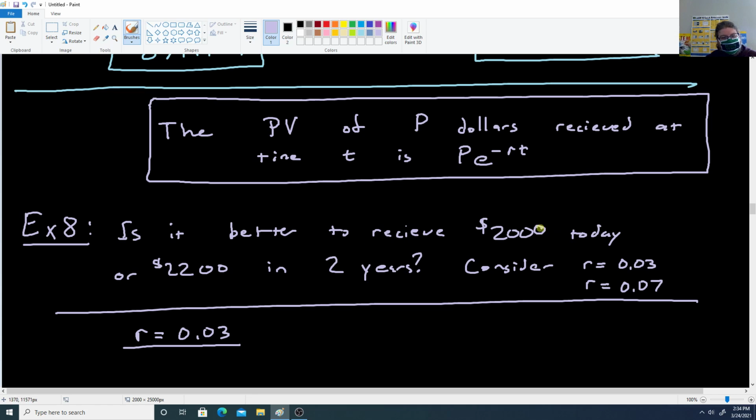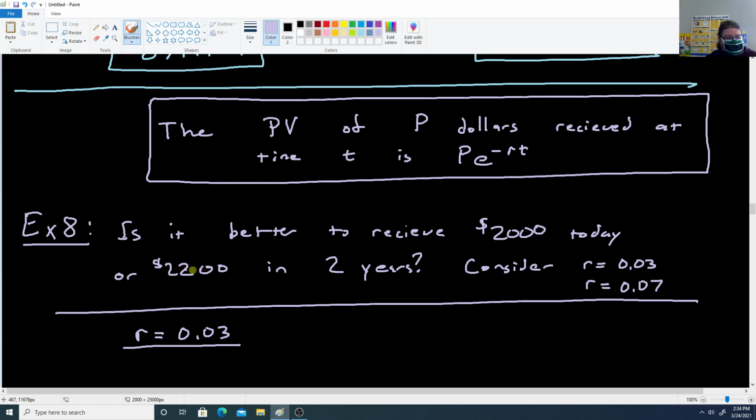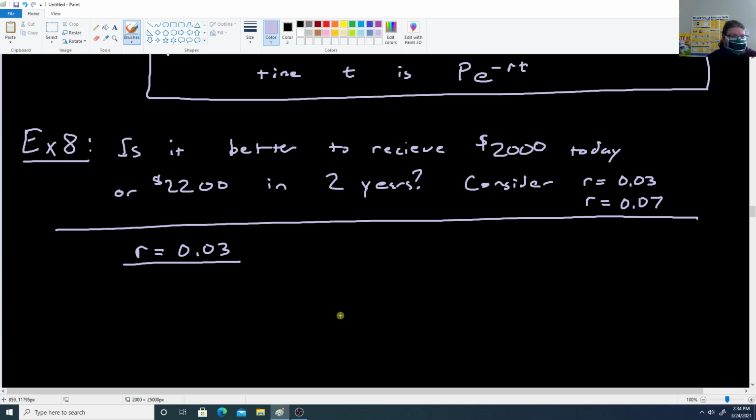Okay, so you have $2,000 today. What we need is to find the present value of the $2,200. We need to find the present value of that for an interest rate of 0.03. So we get P e to the negative RT. So we get our $2,200 times e to the negative, the interest rate is 0.03 times t, which is 2 years.